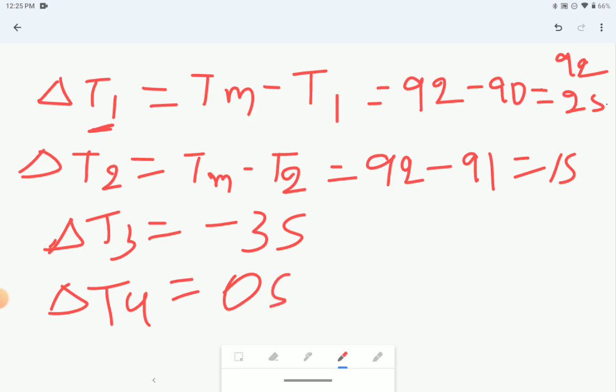So these are all the absolute errors, and delta t refers to the mean of all these absolute errors. Let's note all the errors here: 2 seconds, 1 second, minus 3 seconds, 0 seconds, right?